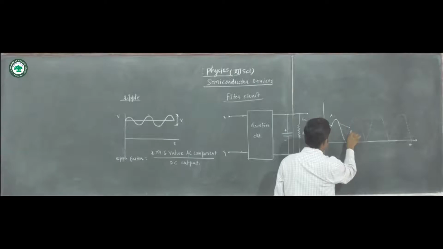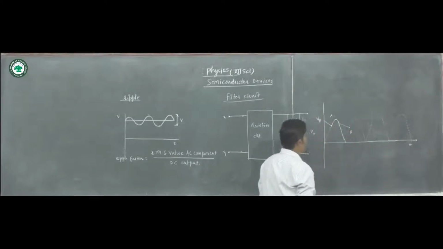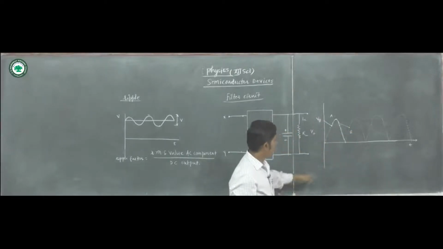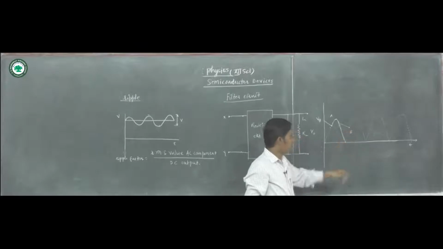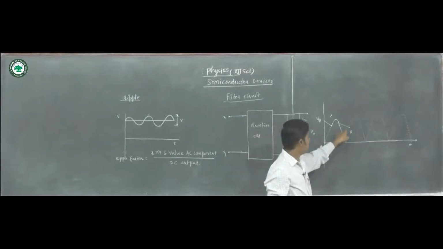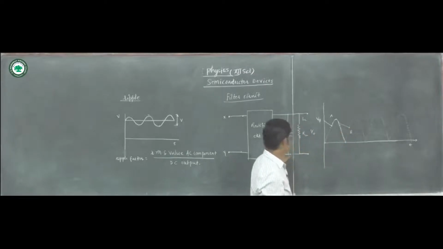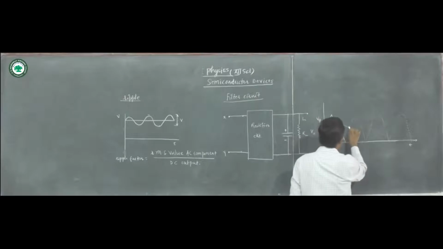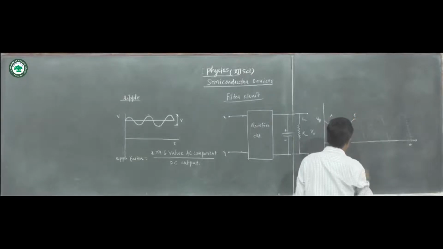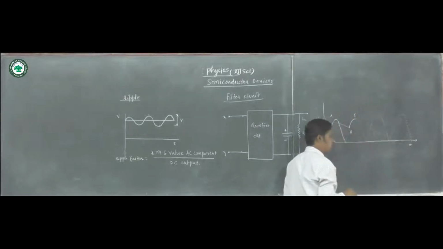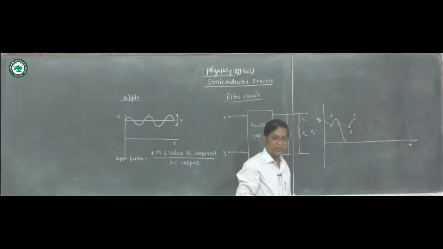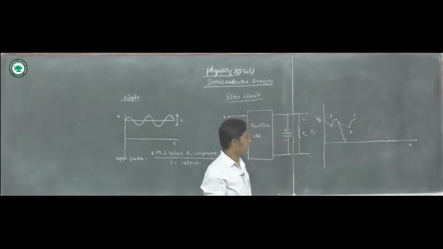This is the B point. After reaching this point, at the same time this capacitor charges again through the quarter of the half cycle, and it reaches the point C. Similarly, this process is repeated again and again.